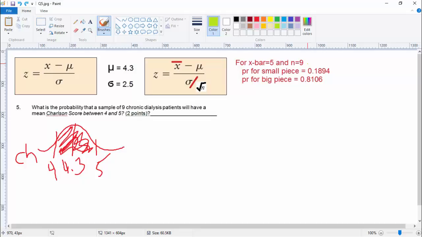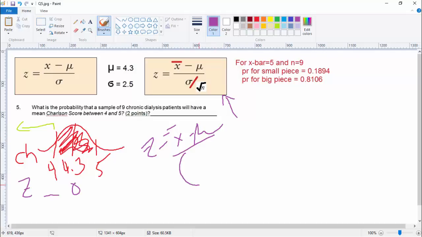Well, right now we're going to be looking for this probability. And so what do we need? Well, let's go. Welcome to Z-land. We need this Z here, right? We have 0 here. We need that Z there. And we got to use this side of the equation because we have n's involved. So we've got Z equals x bar minus mu over, now this is the standard error.